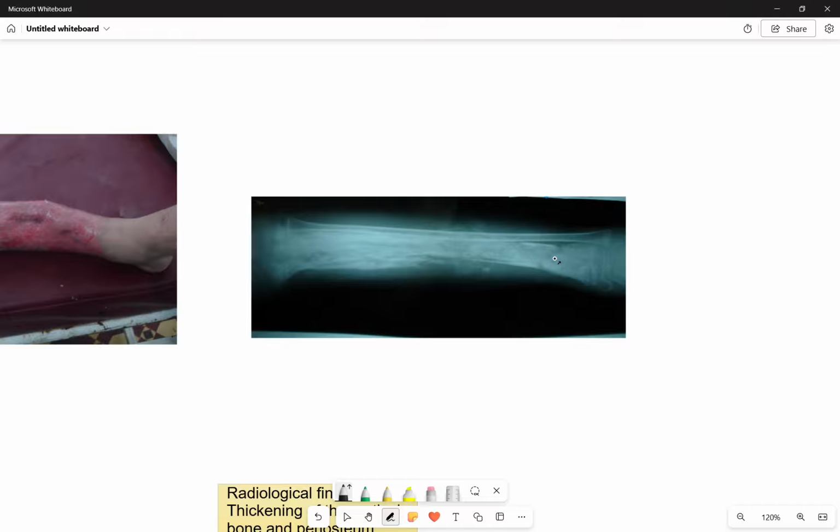There are several broken lines over here, almost like fractures, and it's also deformed. So this is the sequestrum inside, abscess is inside. The fibula is intact. That's the fibula. The fibula is intact.